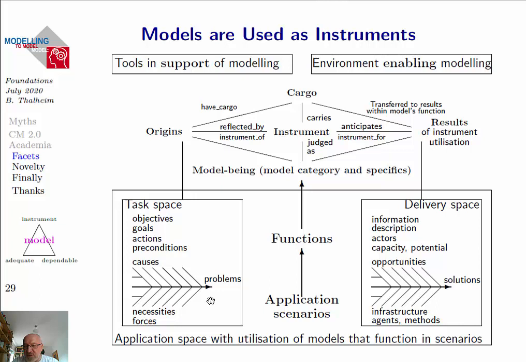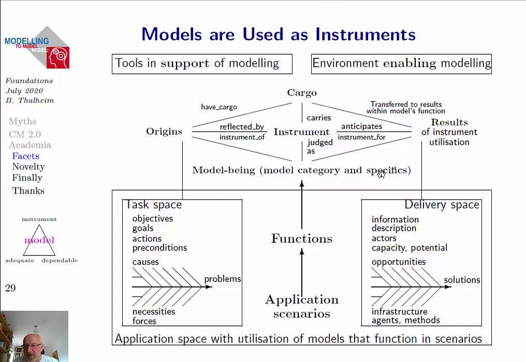And what we would like to have is a result of the model application. That means we have, in this case for the function, a delivery space for the information, descriptions, actions, actors, capacity and potential. And in this case we can say, okay, fine, a model is now, or something is now an instrument, and a model in a certain category and with a certain specifics.